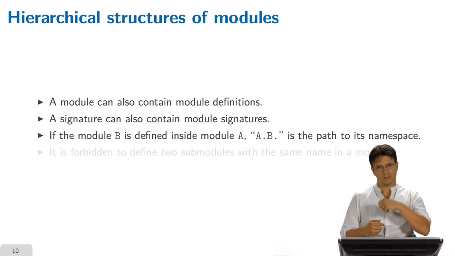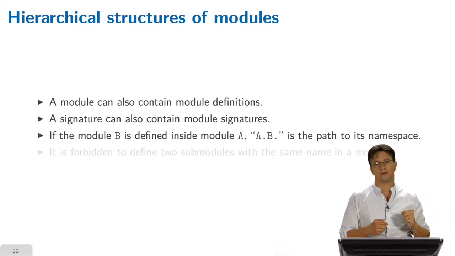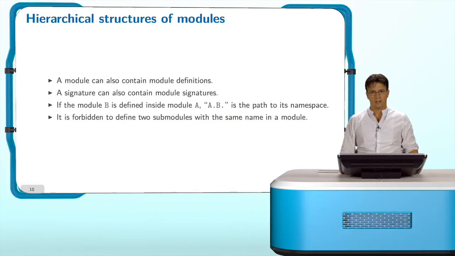So you have to extend the dot notation by just adding more module names to enter into the module namespace more deeply. It is forbidden to define two submodules with the same name in a module. But you can define, for instance, two values with the same name in a module.